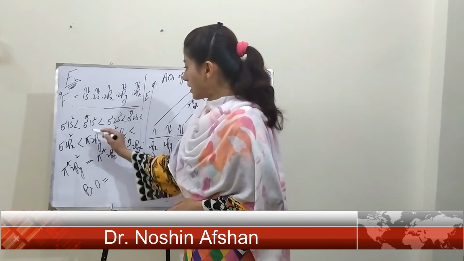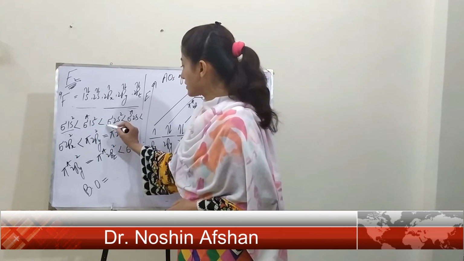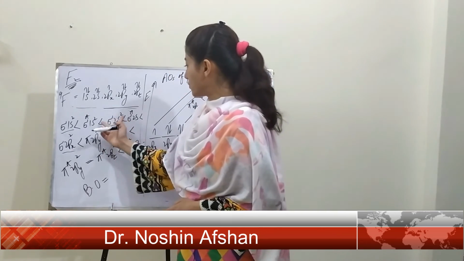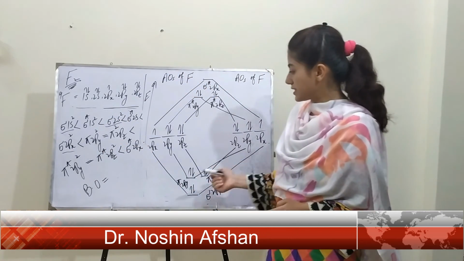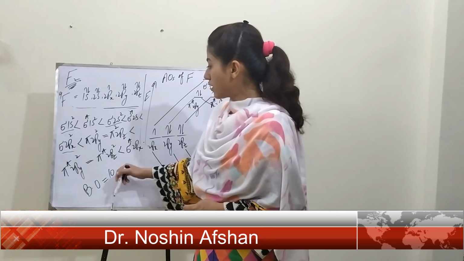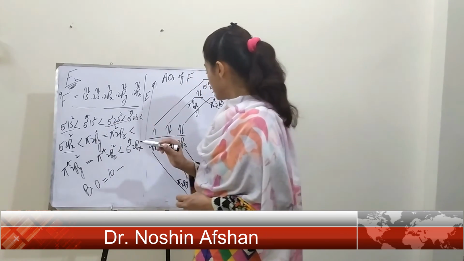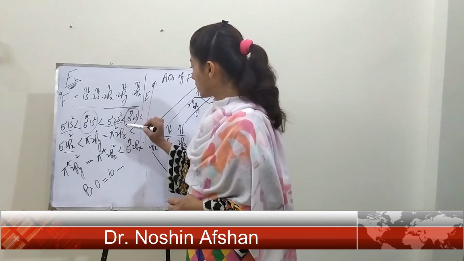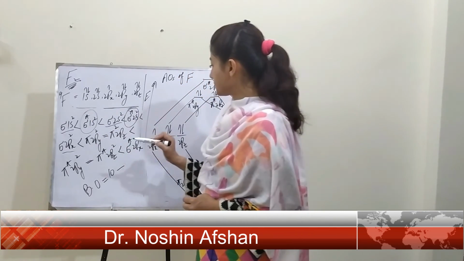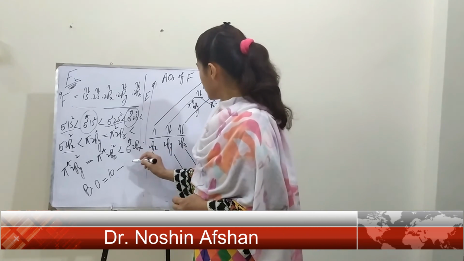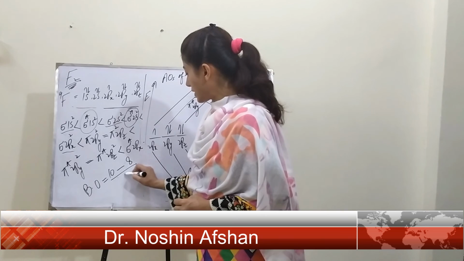That is, you can calculate the number of electrons in bonding molecular orbitals. Here 4 and total 10 electrons in bonding molecular orbitals, and these 2 4 and these 4 electrons, total 8, divided by 2.